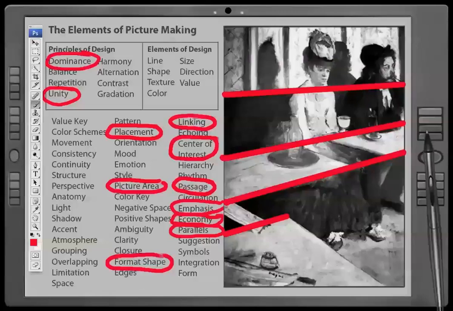I should mention that you can have lines going in exactly the same direction, that is, being in strict parallel to each other, if the lines are far enough apart so that they don't become disturbing. It's only when the lines are too close together and in strict parallel to each other that they will become disturbing.